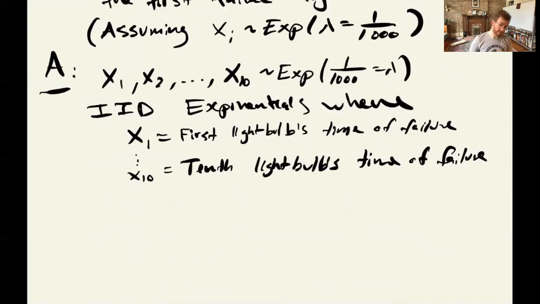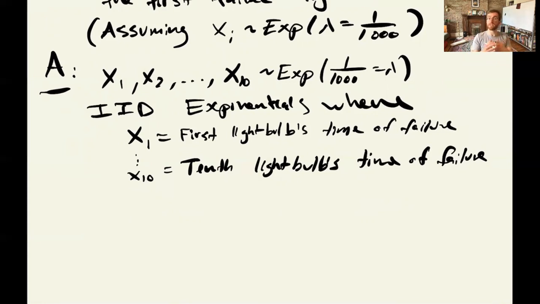Now, what makes this problem complicated is we can't just average these random variables, because that average is going to work out to be what we'd expect, the normal 1,000 hours. What we're looking for is the time of the first failure. So even if I have this distribution of failure times, the value is governed by the earliest failure.